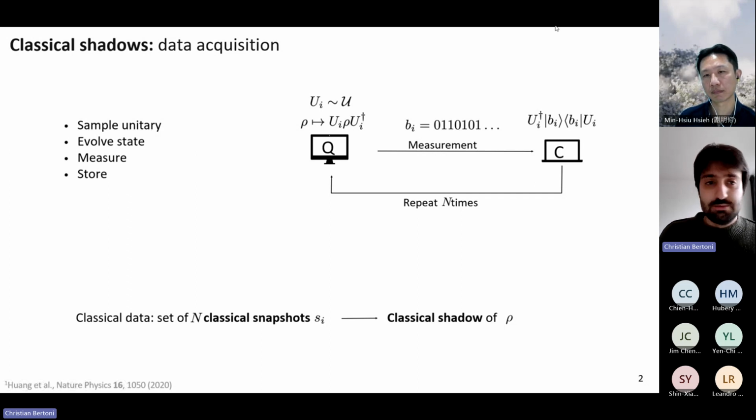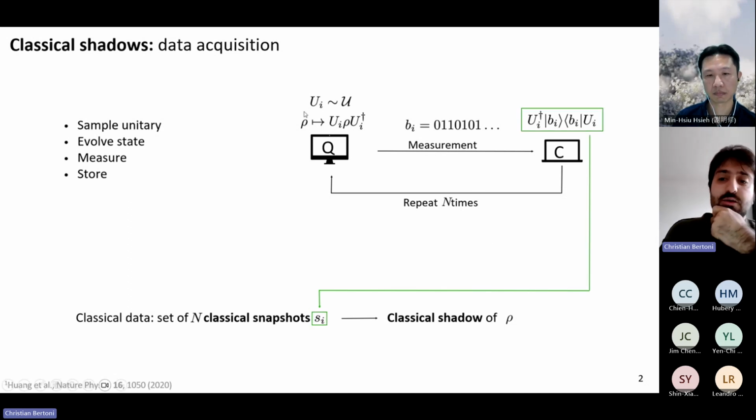The data that we end up storing is precisely this state where we take the computational basis measurement result and we invert the rotation. Essentially, this is the post-measurement state in the corresponding measurement basis. For the purpose of this talk, this is what I'm going to be calling a classical snapshot. We repeat this process some large number of times, and we store our classical data, which is a set of N of these classical snapshots, which together constitute the so-called classical shadow of rho.